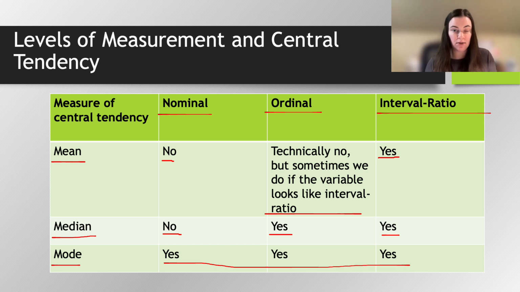So, for example, if I asked you all as a group of students if you're more dog people or cat people, and the responses were more in favor of dog people, then our mode would be dog people. We can also do that for ordinal and interval ratio level variables as well, because if we have a repeating numerical value that's the most common within a data set, that would indicate our mode as well.